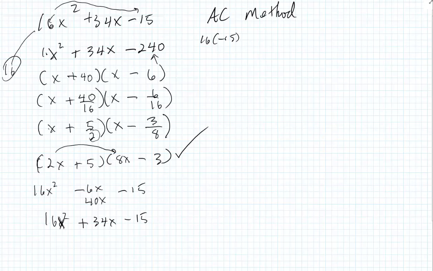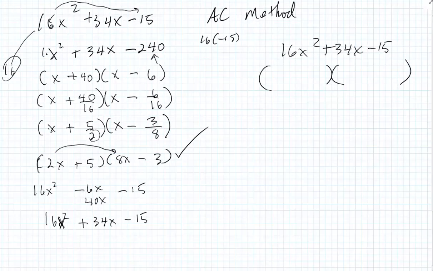Now, the other method is just strictly guess and check. Okay, so let's run through that really quick. You just form a couple groups, binomials, and just start in. You need 2 factors of 16. You might try 8 and 2, or you might try 4 and 4.